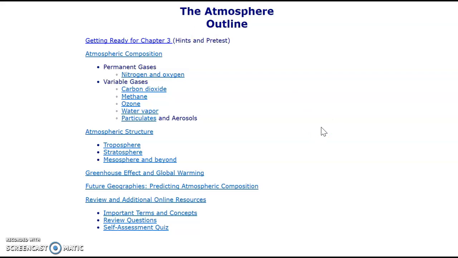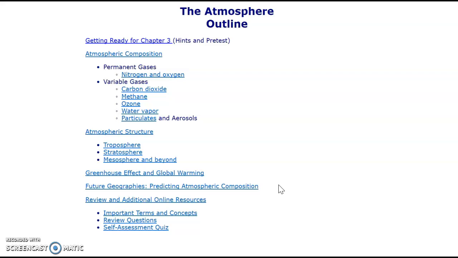So it's a cyclic thing because we need these factories, we need these agricultural companies, but it's in turn hurting our atmosphere. So the last thing here, predicting atmospheric composition. I'm not going to delve too much into this yet. We'll probably get back into it in biosphere.